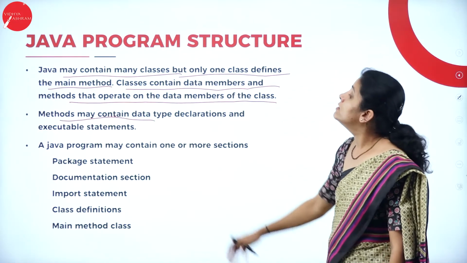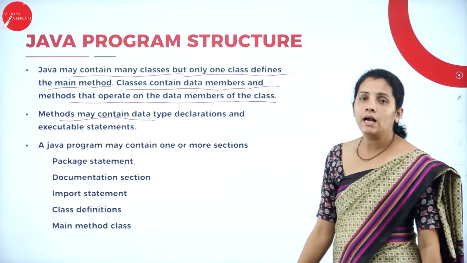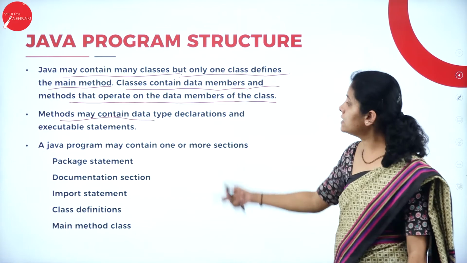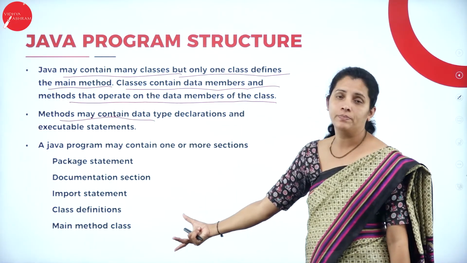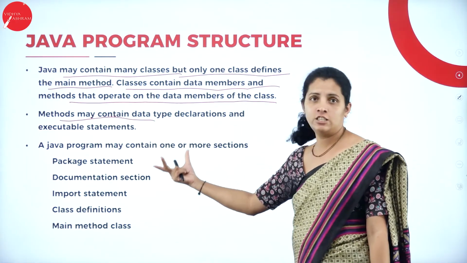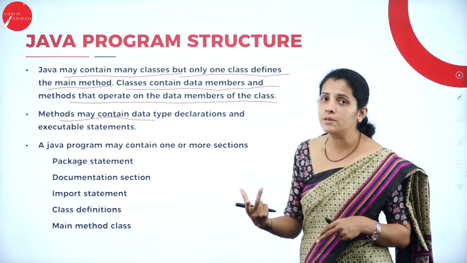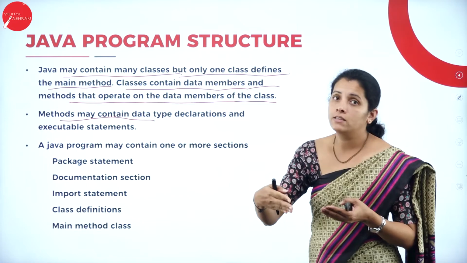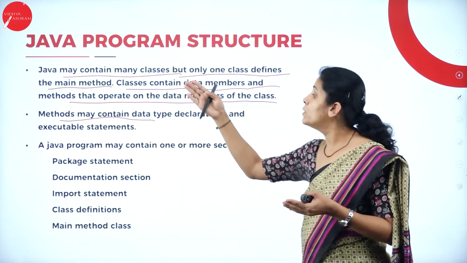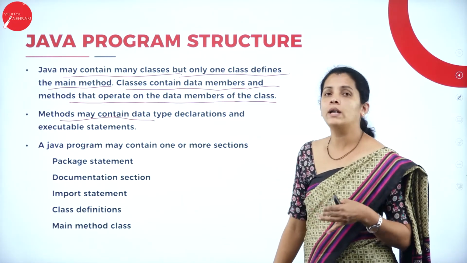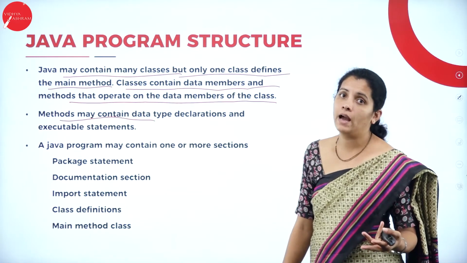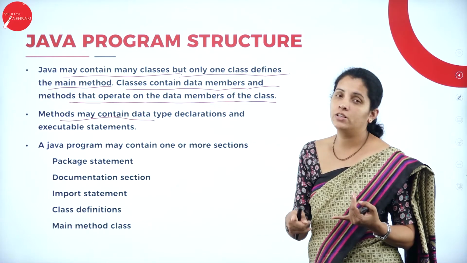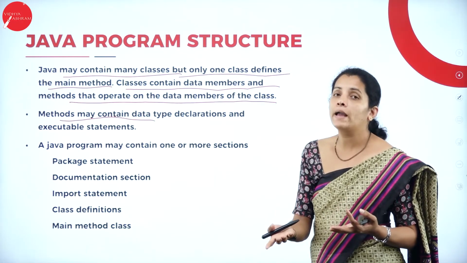And the Java program may contain one or more sections. So what are the sections I'm going to have here? That is the package statement. So what is a package statement? We learnt in today's session that we have the API. What are the different kinds of API we had? That is input and output manipulation functions, utility packages.